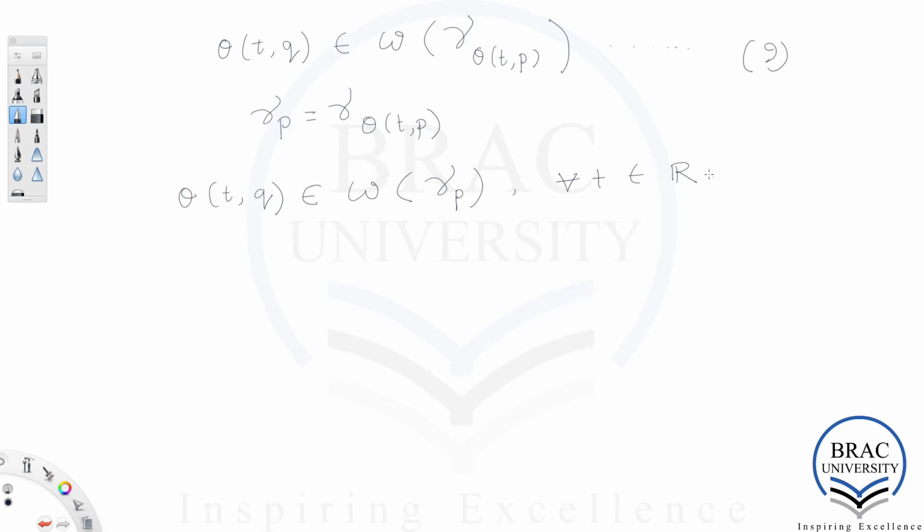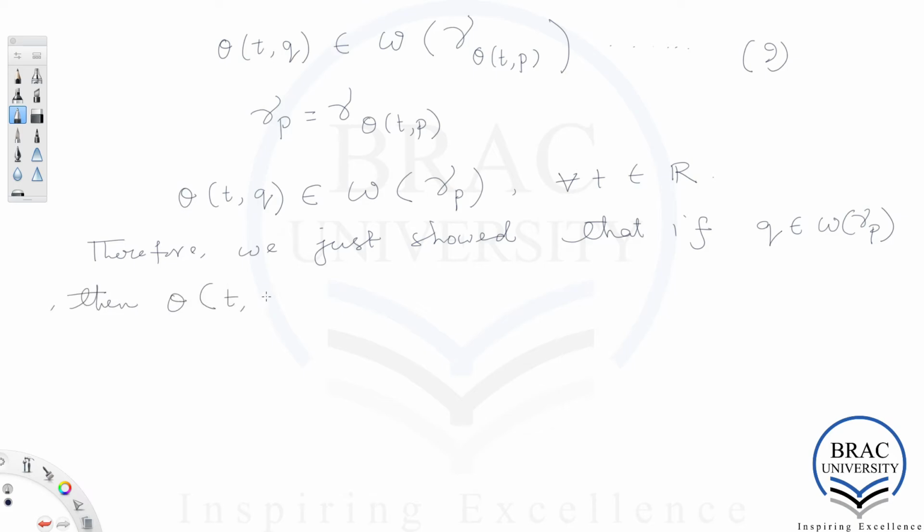So let me summarize what we have shown. Therefore, we just showed that if q is in the omega limit set of the orbit of p, then theta(t, q) is also in the omega limit set of the orbit of p for all t in the set of real numbers.